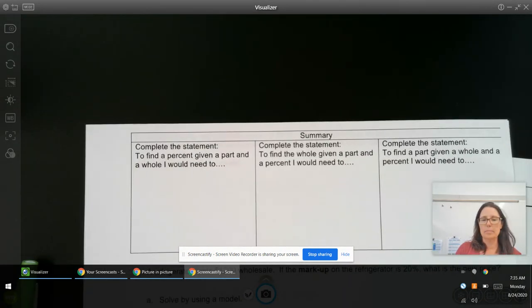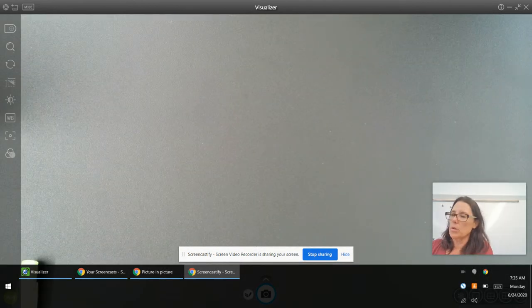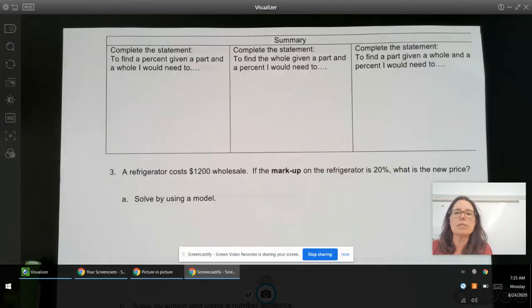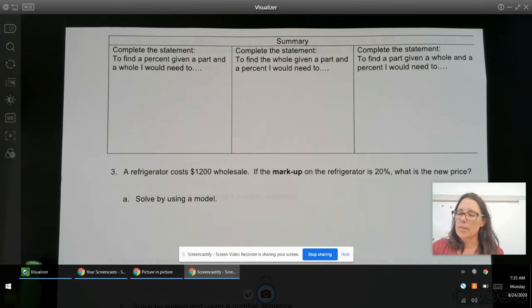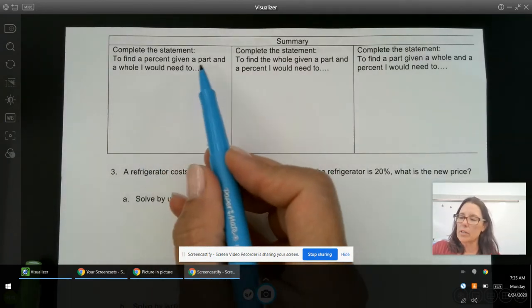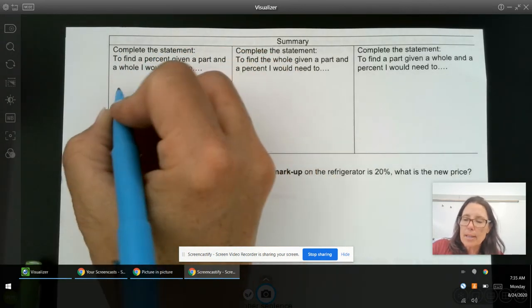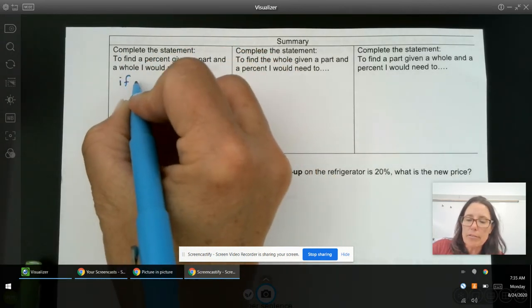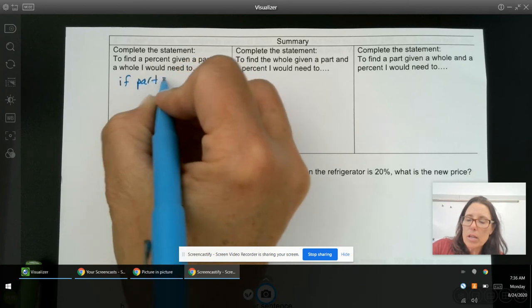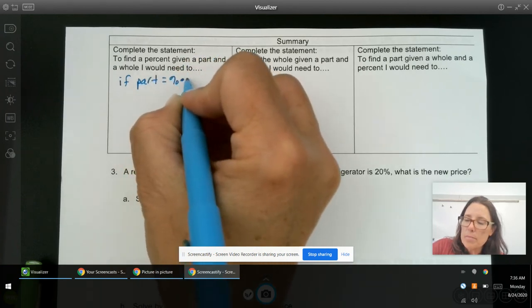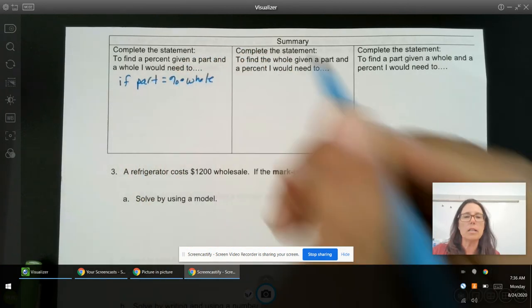In summary, these are some good notes right here, the 3 different kinds. Complete the statement. To find a percent given a part and a whole, I would need to. Let's think about this. If the part equals a percent times a whole, that's our formula every time.